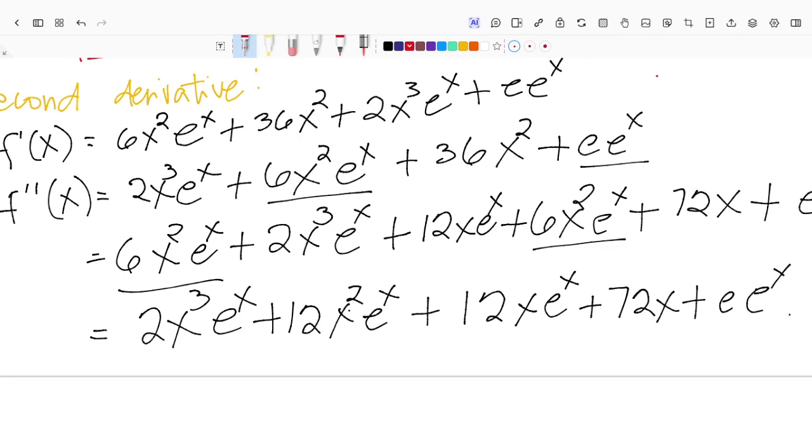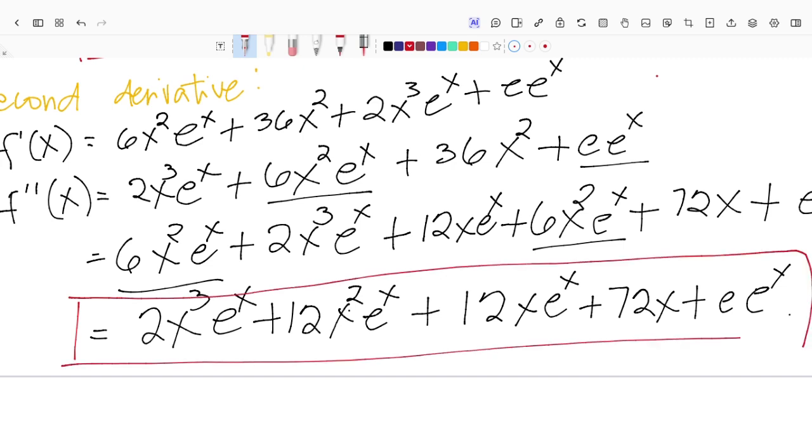And that is our second derivative of our function.